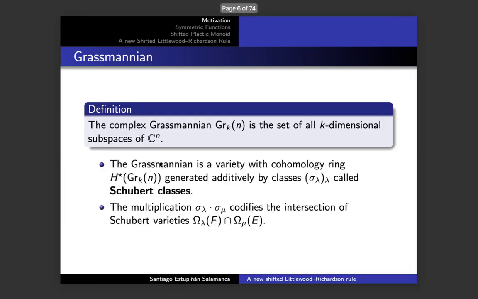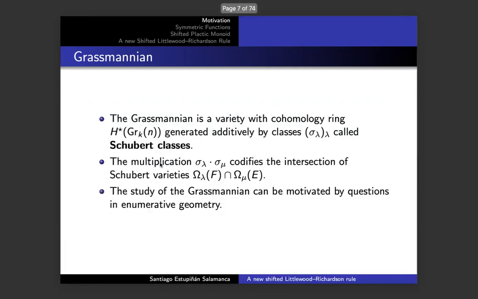And the reason for the name is that their multiplication codifies the intersection of these varieties. These varieties have their origin in questions of enumerative geometry. You're interested in how many subspaces intersect a given set of lines, and there are questions like this that are more general, and the Schubert varieties allow us to answer this type of questions.